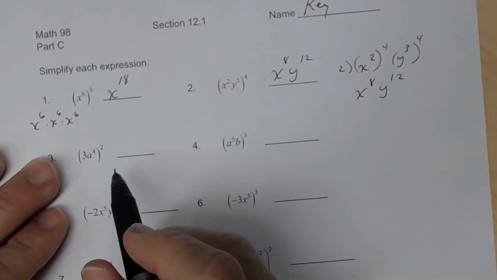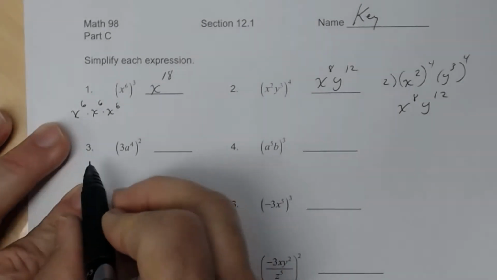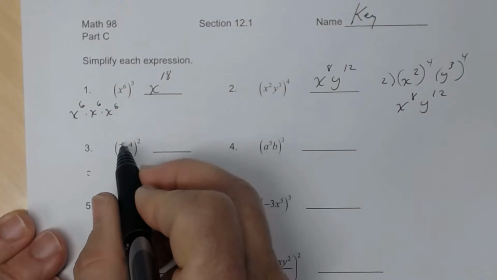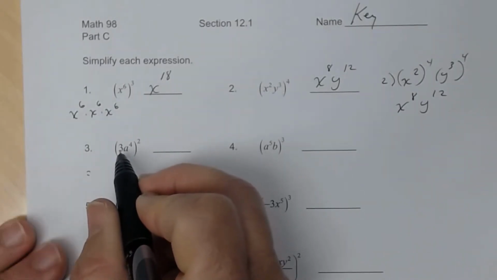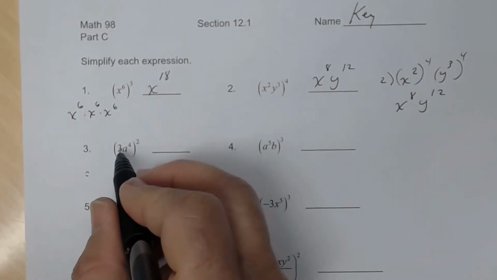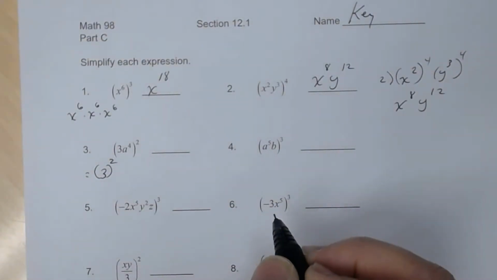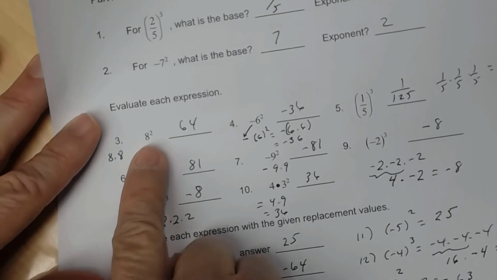All right, number 3. Now, number 3, you're going to use the power rule again. Now, for number 3, it's a good idea to listen to what I'm saying. So this coefficient's a 3. You got to think of this as a coefficient. So think of the coefficients differently, but you're still squaring it. So this is 3 squared. And so that takes us back to a previous worksheet that we did where we had something like 8 squared.